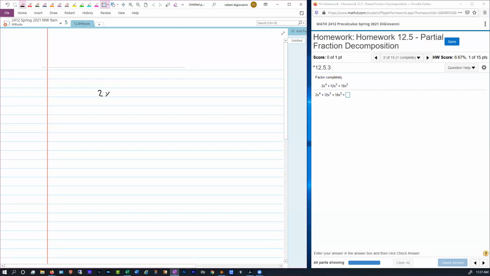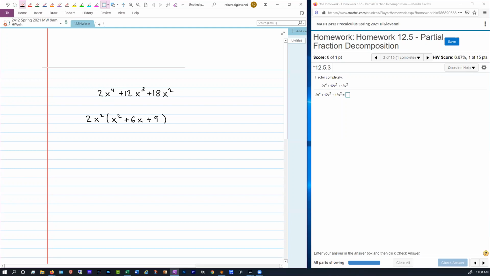We have 2x to the 4th plus 12x cubed plus 18x squared. So to factor this, first I realized there's a 2 in everything that I can factor out, and then also an x squared. So I can pull that out, and then I'd be left with x squared plus 6x, and then since I pulled out 2, 9 there.